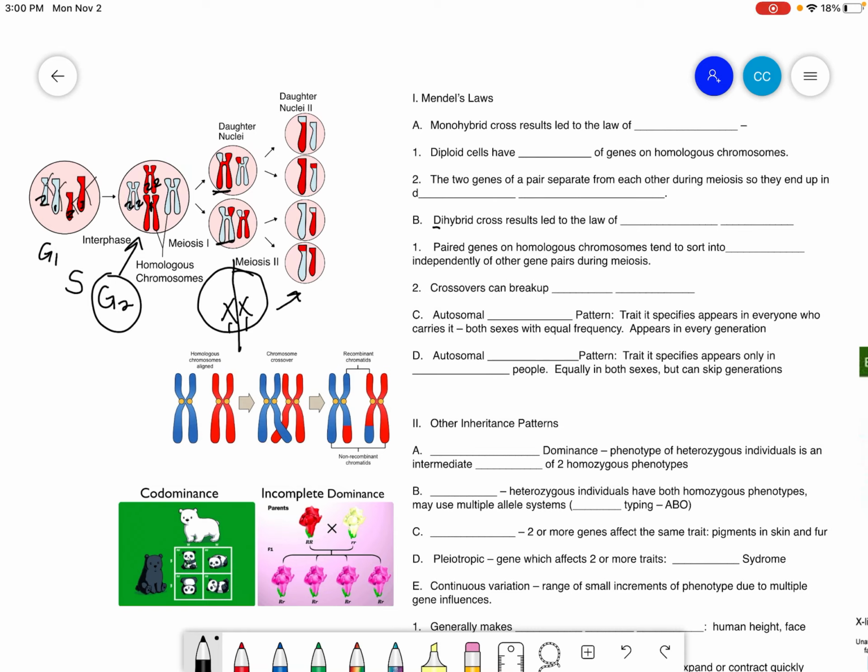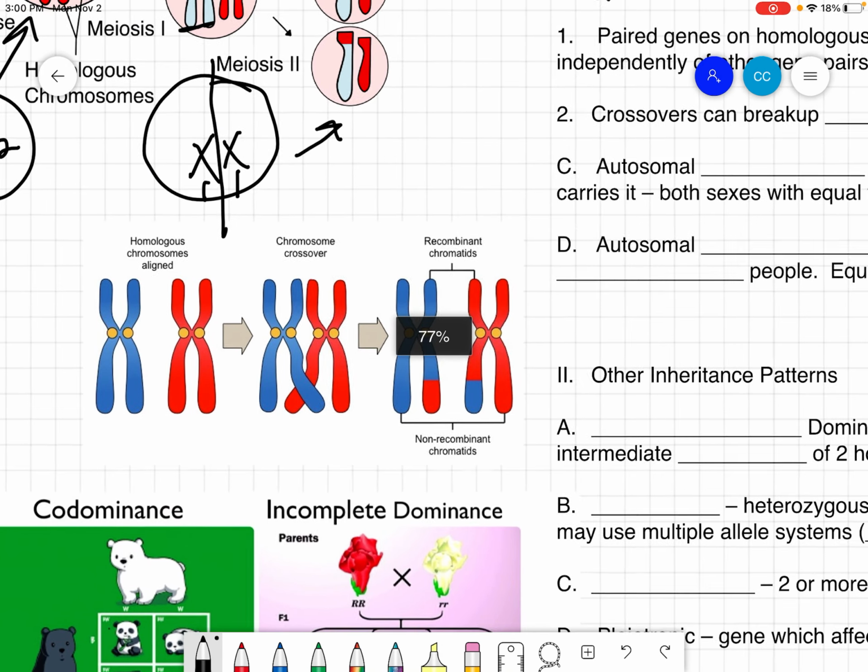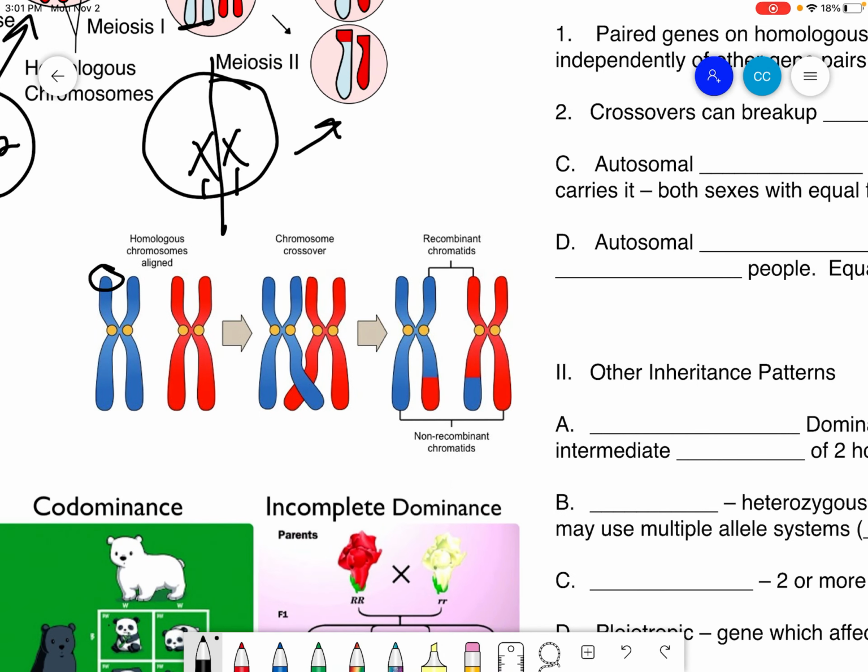And this is only a concern if they are not linked. So if genes are linked, that means they're close enough on the chromosomes to where they'll be inherited together. So we've got things like a gene that would be here and a gene that would be here. Those would be considered linked because they're not usually going to split off if they're really close together on the chromosome.